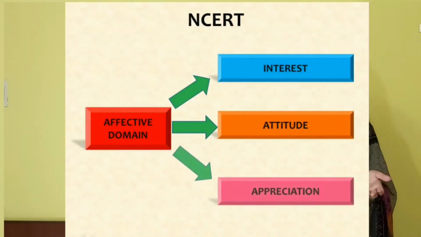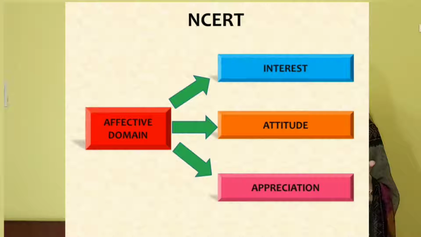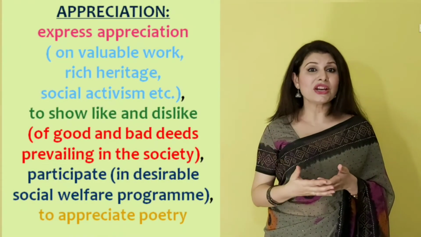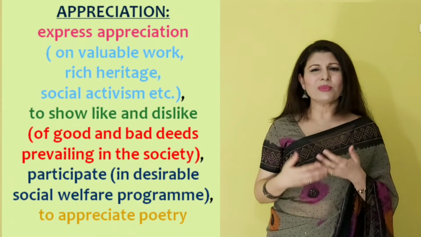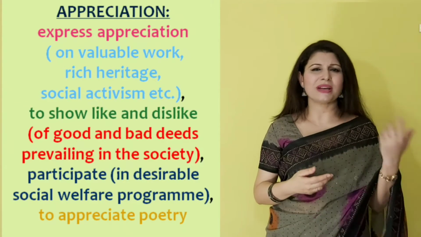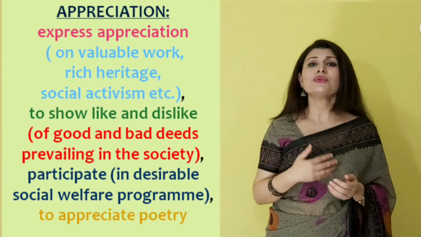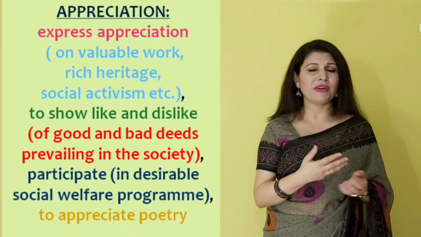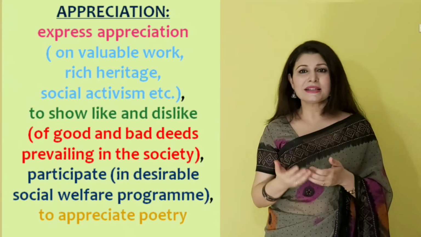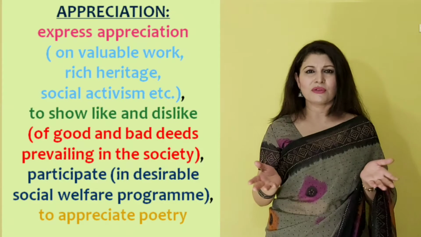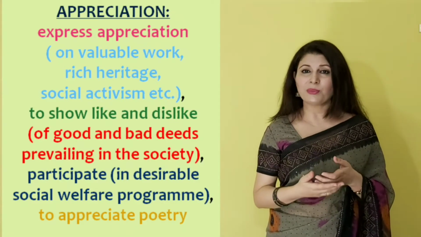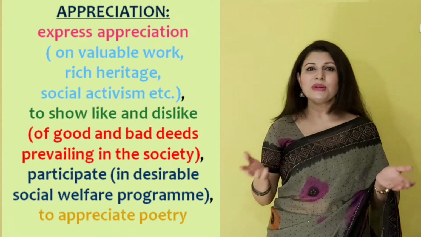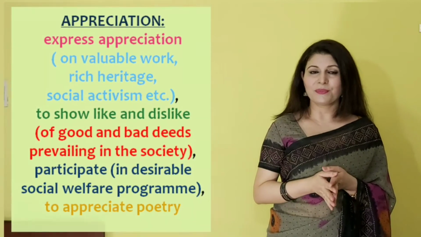And for appreciation, specifications such as express appreciation on valuable work, rich heritage, social activism, to show like and dislike of good and bad deeds prevailing in the society, participate in desirable social welfare programs, to appreciate poetry, etc. can be used for setting the objectives.